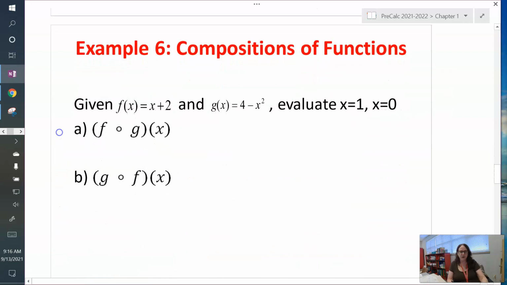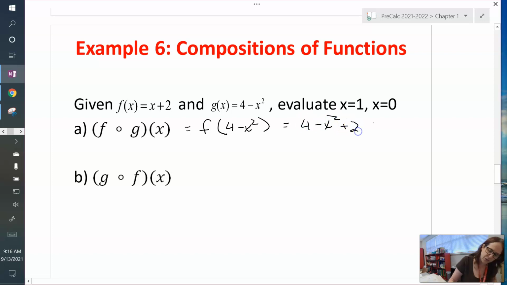Let's do f of g of x, and then g of f. G of f is the other way around. G of f means you're plugging f into g. And we're going to evaluate at 1 and 0. So f of g, that's going to be f of 4 minus x squared, because there's your g. So 4 minus x squared plus 2.